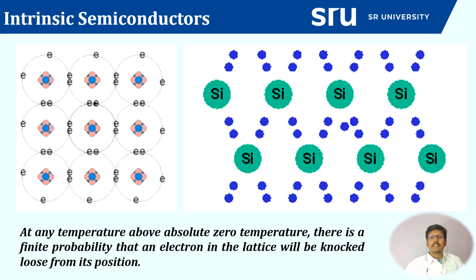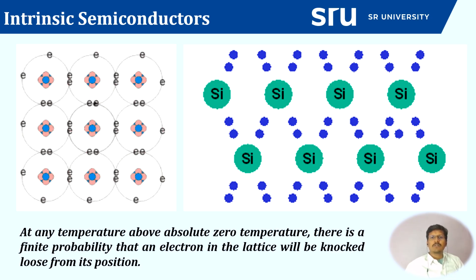Whenever sufficient thermal energy is supplied to the semiconductor, the covalent bond breaks. The released electron enters the conduction band and becomes a free charge carrier. Simultaneously, a hole is created in the valence band.